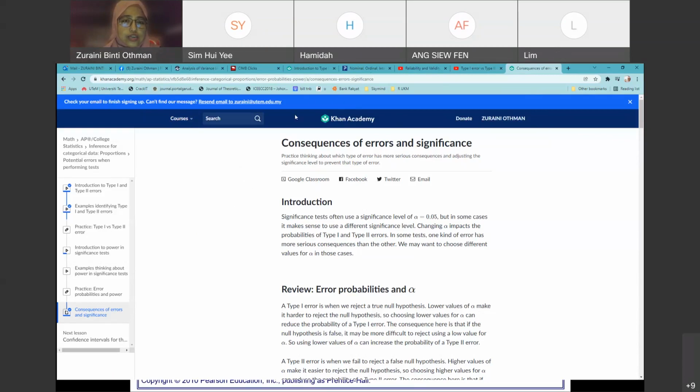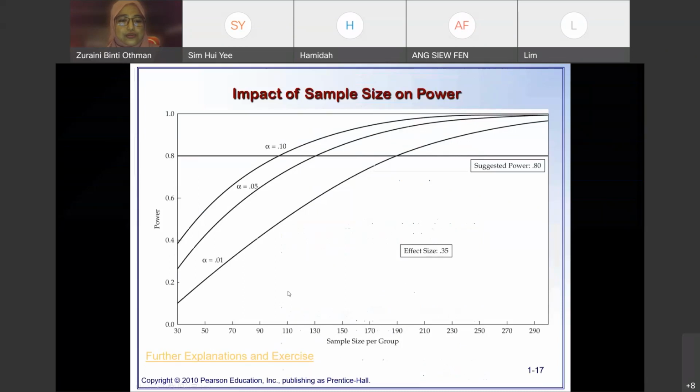We also have ebooks from the internet. Then back to the slides, I will not explain, but you can go through all the slides here. Okay. Is it okay?